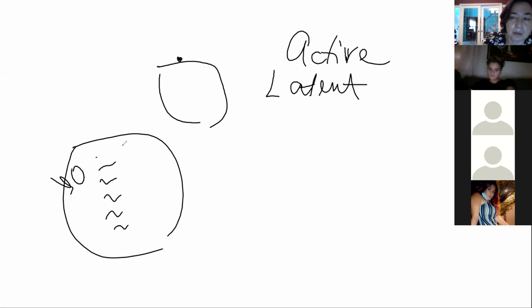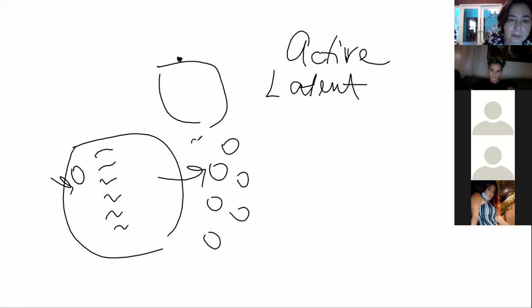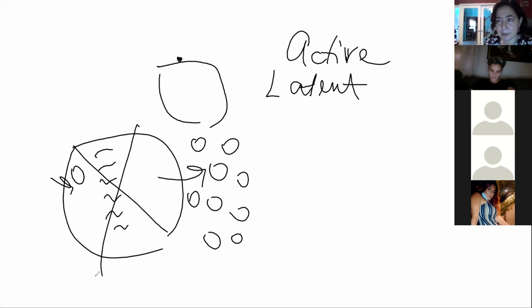The cell does it for the virus. It turns like a slave, and as a slave, this cell is going to make new viral particles. So one virus enters, 1,000 viruses leave the cell. And when they leave the cell, they usually kill it, okay?